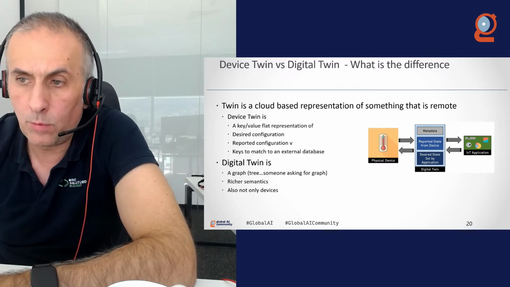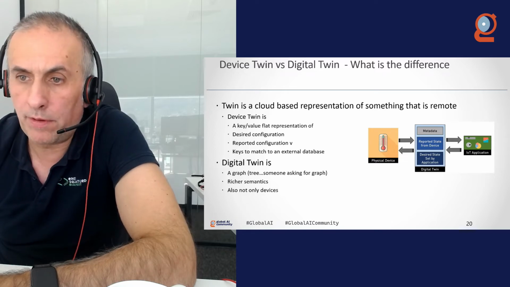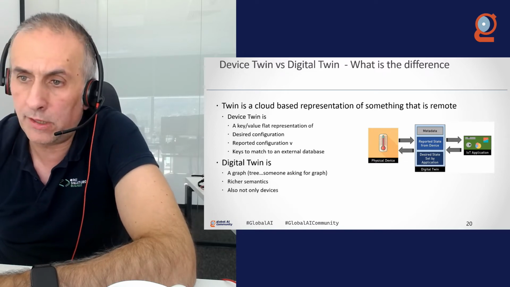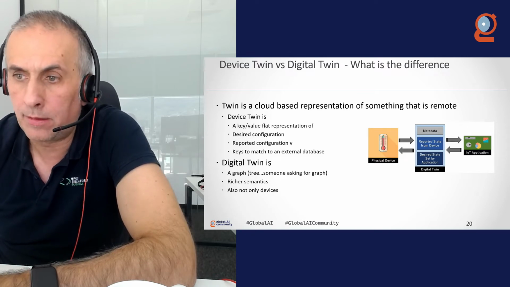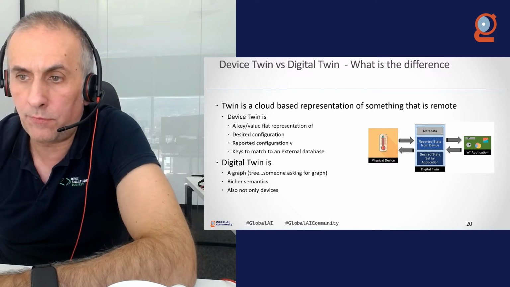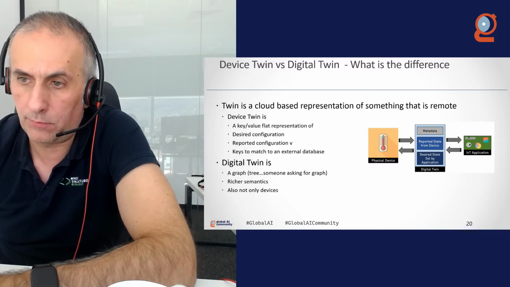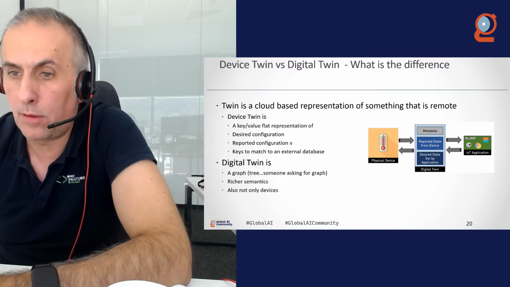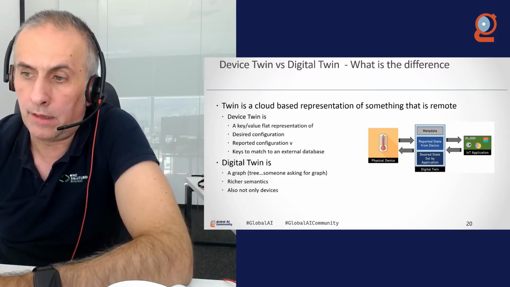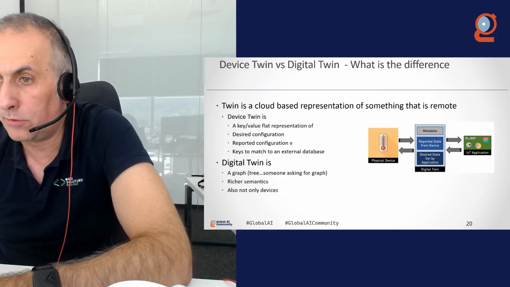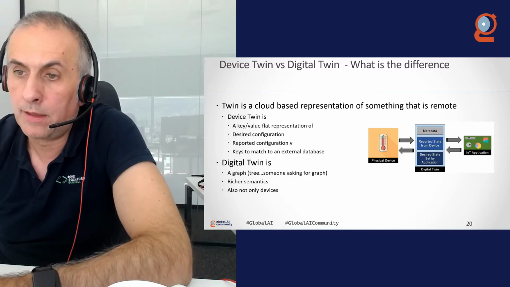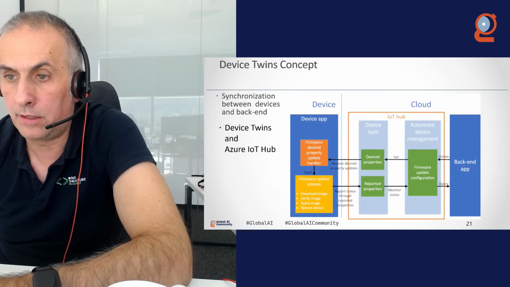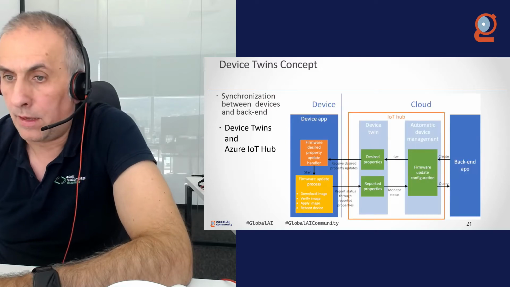When we need to make an update, services from the backend provide a new, desired configuration, and devices try to make changes to make the current configuration equal to the desired configuration. So this concept is already applicable in Azure for IoT solutions, but it is very specific, not general purpose like the Azure Digital Twins service.